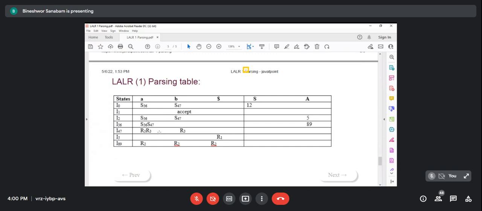So in the reduce move, it has to be R3, R3, and R3, as it combined the rows of I4 and I7. And in the case of I5 it is only R1. In the case of I8 and I9, it has to be this R2. It combined those rows, I8 and I9. I'll rectify and send it in the Google Classroom.